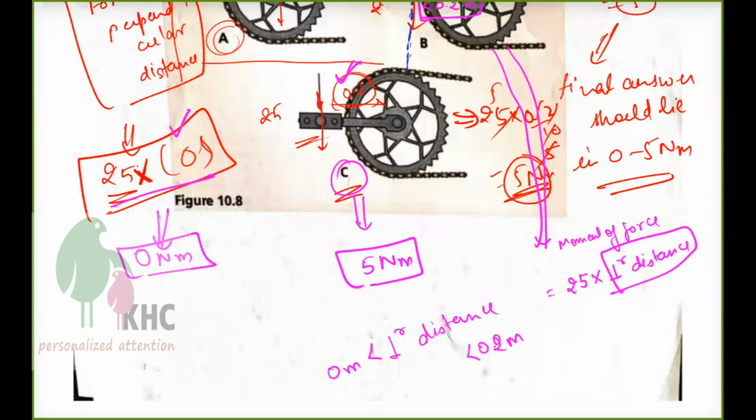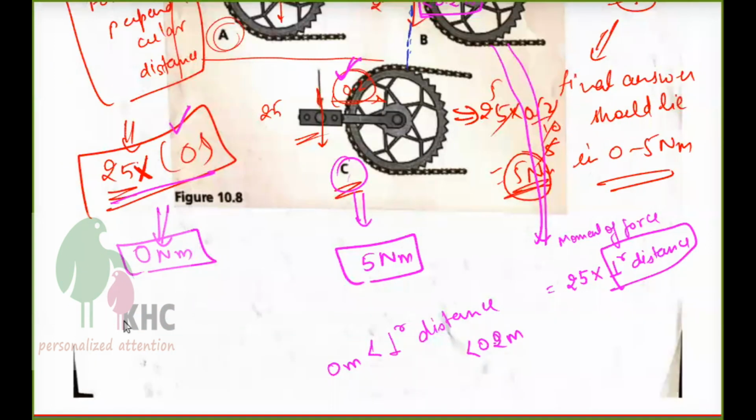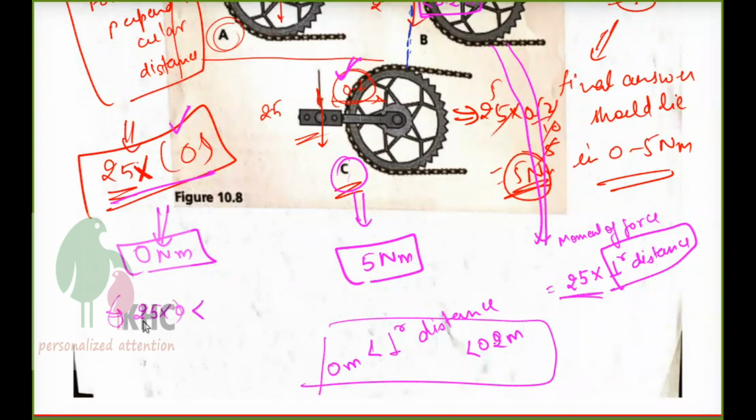Okay. So if in this case you are going to find out the moment of force, the force is 25 newtons, then it is going to be 25 multiplied by 0, less than 25 multiplied by whatever the actual perpendicular distance is.